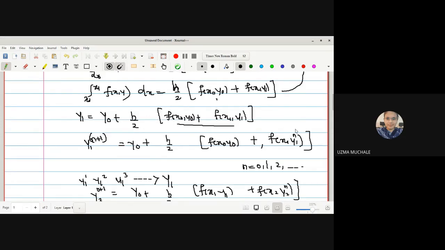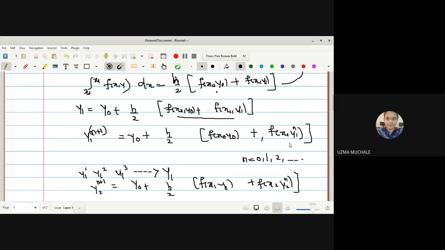We will find this y1 naught with the help of Euler's formula, and then we will use Euler's modified formula. Because here is y1 raised to n plus 1, here is y1 raised to n. So how to find y1 raised to 0? Because we are going to proceed for n equal to 0, 1, 2 and so on. So firstly we will find y1 raised to 0 by using Euler's formula.